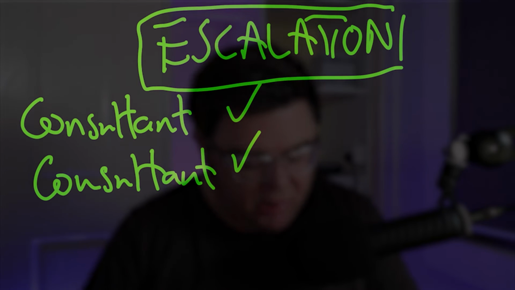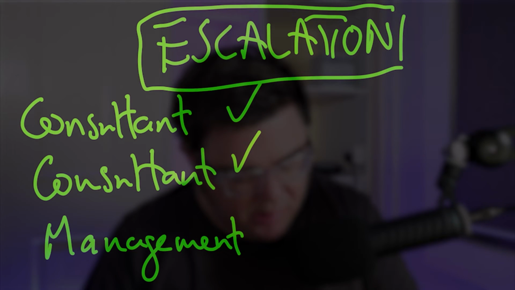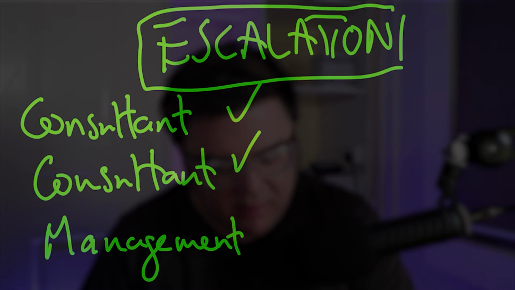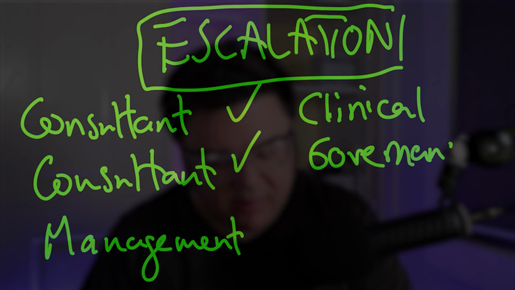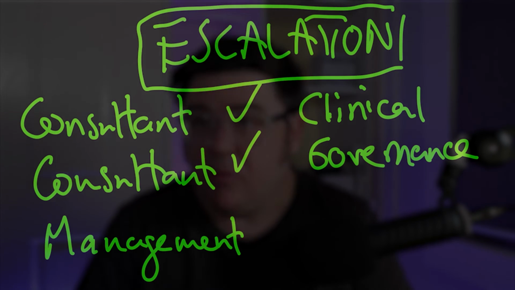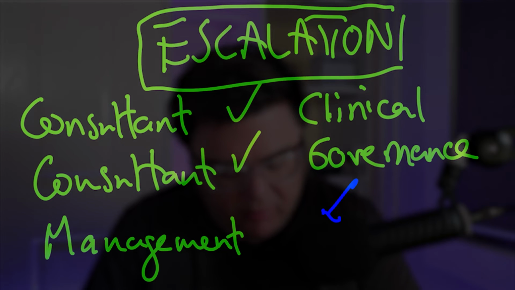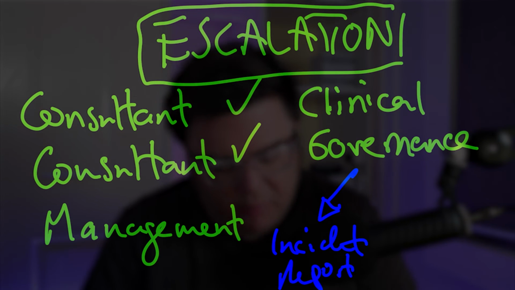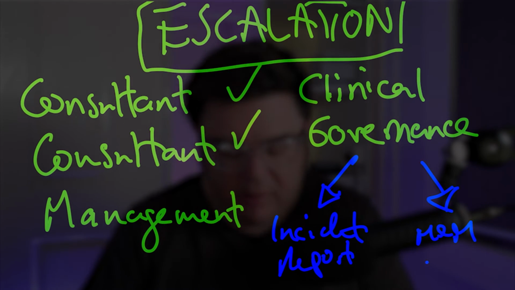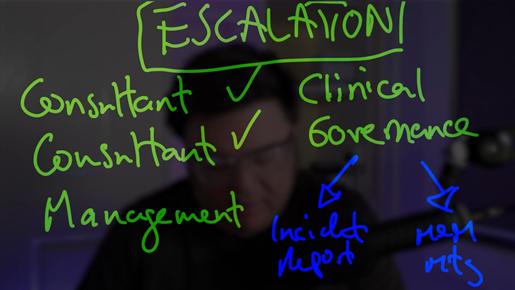And then there are management escalation points. Particularly we would want to consider the clinical governance requirements here. And so normally as a trainee, you would probably be involved in putting in an incident report, and there would be some sort of monthly meeting, usually a morbidity and mortality meeting, that this case would be reported to as well, and there'd be investigations, etc.